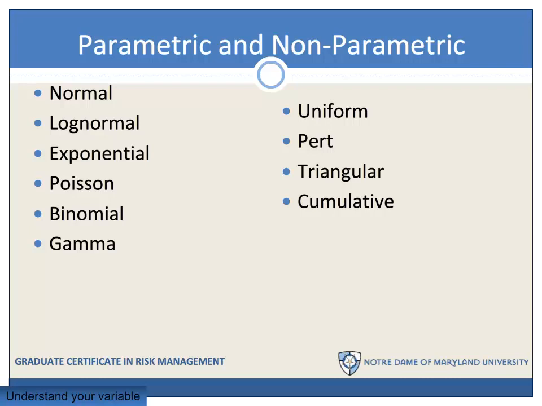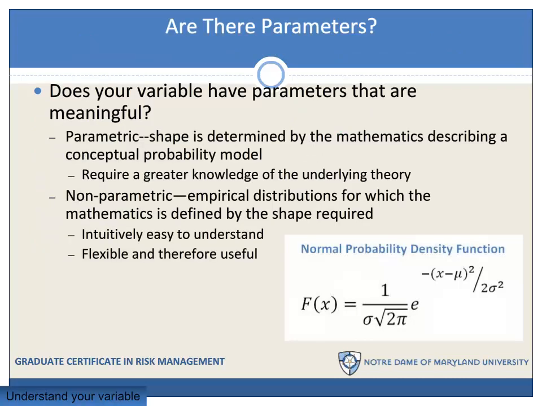The mean high temperature of Melbourne, Australia in the month of May, that is a parameter. That mean has a fixed value. So that's a parameter. If our data have parameters, we might be inclined to look at parametric distributions. So let's go to the next slide.